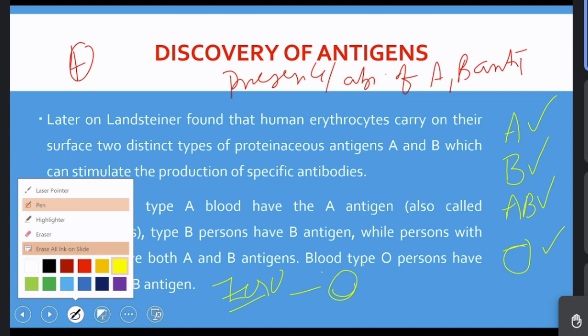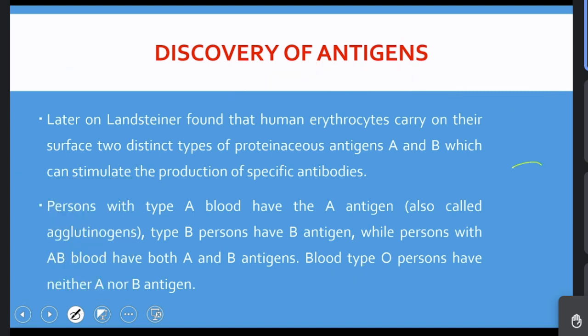And where are these antigens present? Scientists say these antigens are present on the surface of RBC. So a person with A blood group will have only A antigen. The person with B blood group will have only B antigen on the surface of RBC.